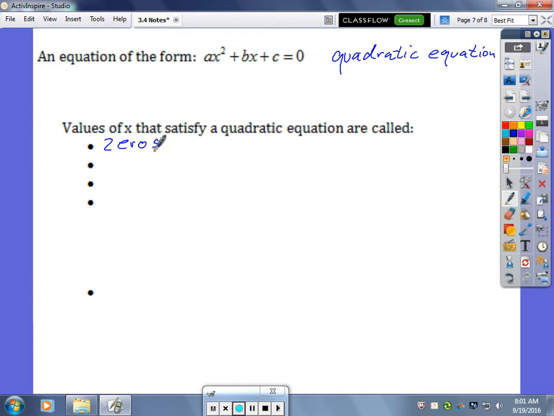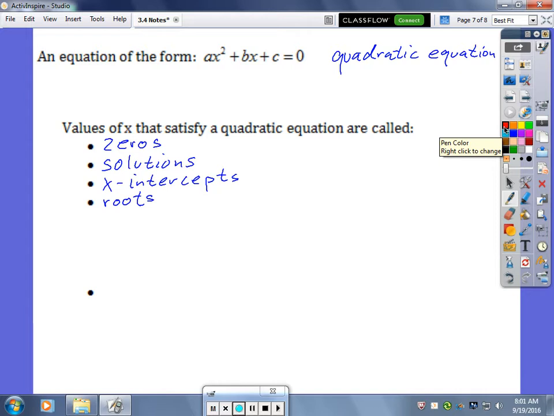We call them the solutions to our equation. We call them the x-intercepts if we think about our parabola and if we think about where it crosses the x-axis. And we also call them roots. Now here's an important thing that we know and that we know now that we also have learned about the imaginary numbers.